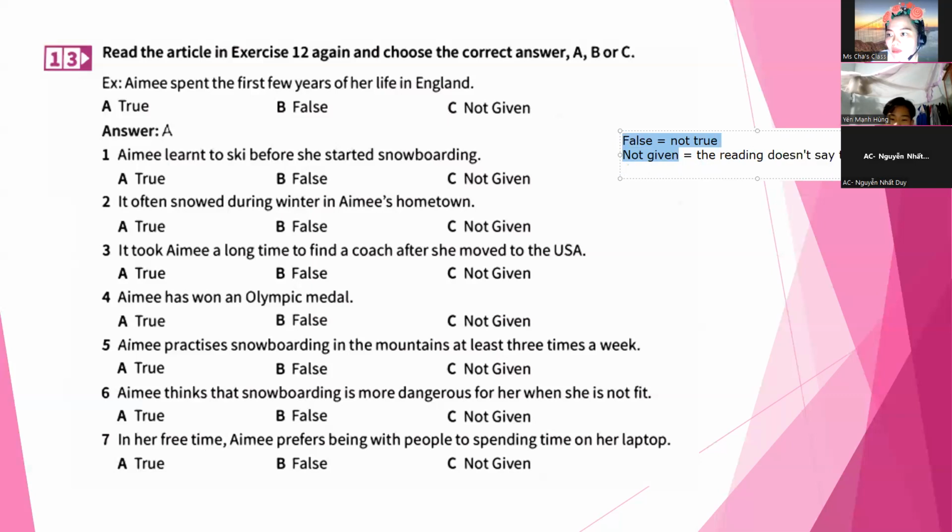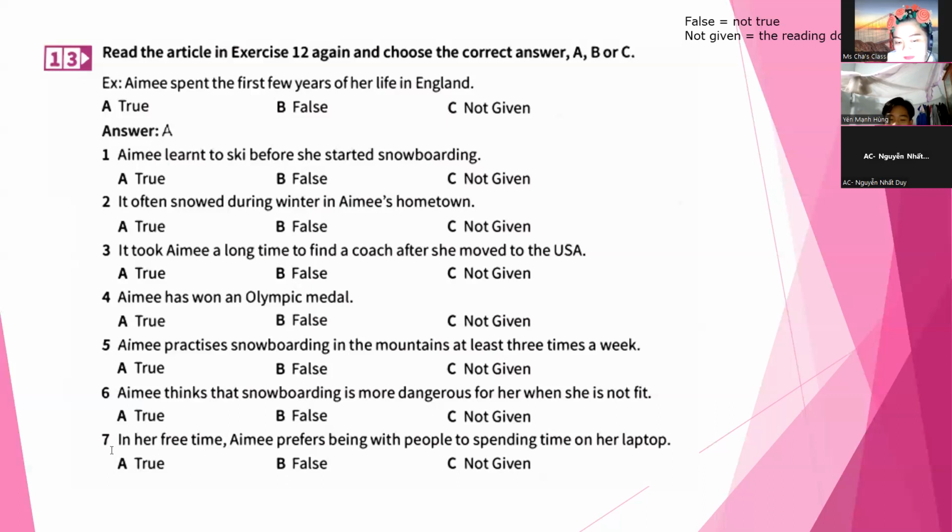Now, before we go back to the reading material, were you able to analyze the questions from 1 to 7? You need to remember the questions, the information you need to look for. Did Amy learn to ski before she started snowboarding? Does it often snow during winter in Amy's hometown?